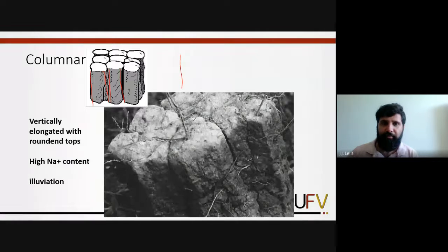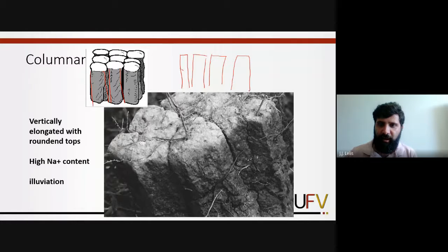Oh, I'm sorry. You can see a sharp top in the prismatic structures, but in columnar, you see this kind of material. The top is rounded.